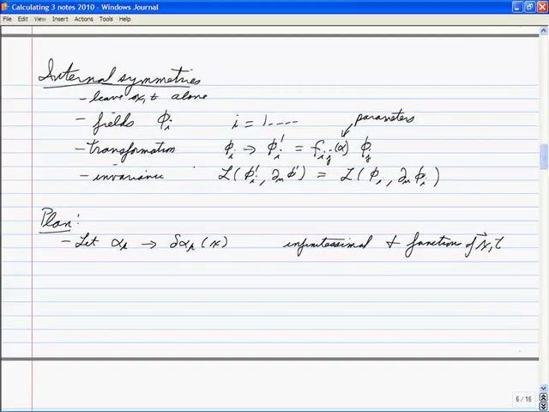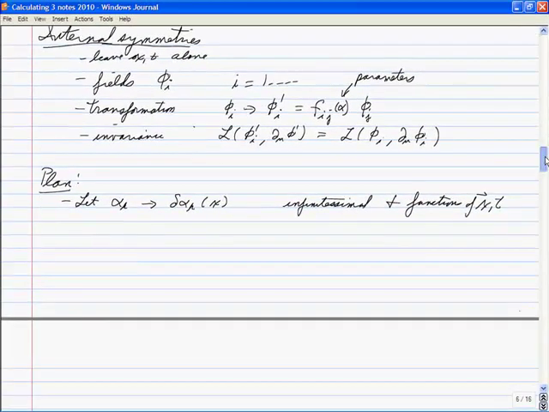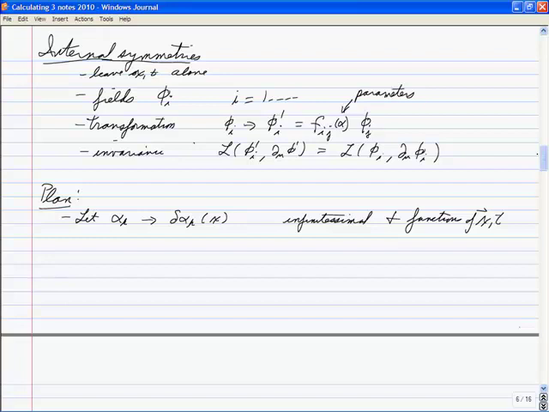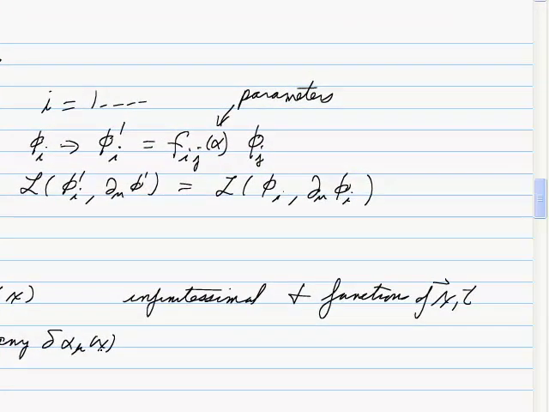Now, we know from the principle of least action that delta f equals 0 for any form like this, because it's infinitesimal. So here you're using the equations of motion.